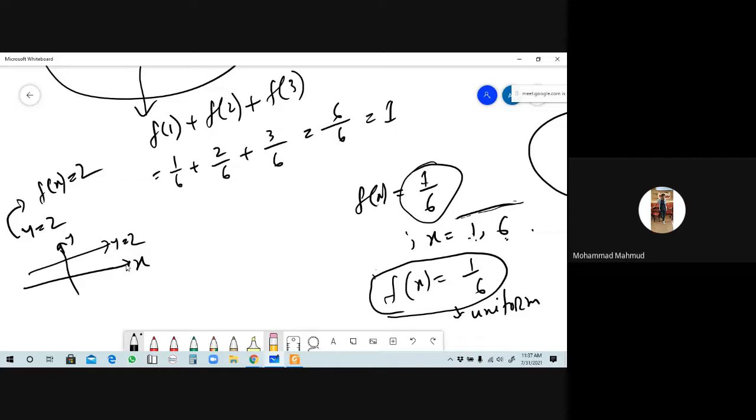If you substitute x by any number, what will be the output? It will be 2. So there is no change in the output, sir. No. Then the right side is 1/6, and whatever you replace x with, 1/6 does not change. When a function matches this property, it will be called a uniform probability distribution. Understand? Yes sir.